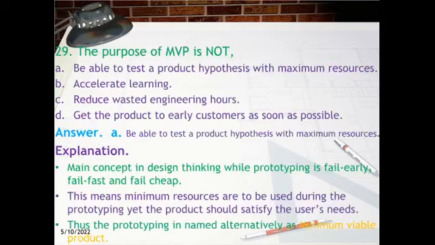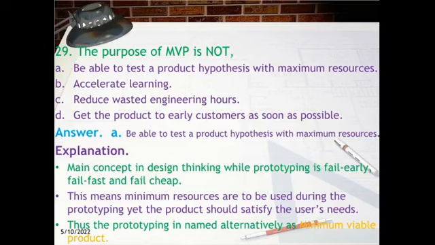29. The purpose of MVP is not: be able to test a product hypothesis with maximum resources, accelerate learning, reduce wasted engineering hours, get the product to early customers as soon as possible. Answer: A. Be able to test a product hypothesis with maximum resources.